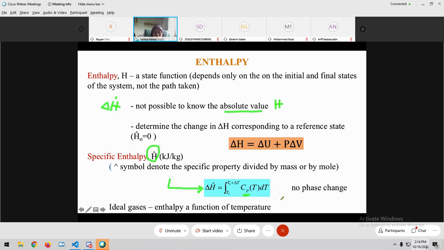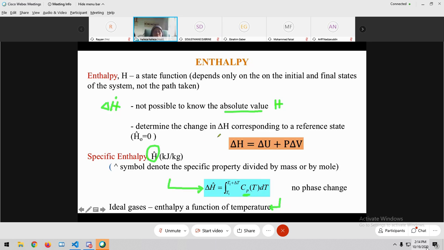And you need to take note that when you are dealing with an ideal gas, the function will be in terms of temperature. This is very important because when you're looking at the integration, you will be integrating in terms of temperature. So your Cp will be in terms of temperature.